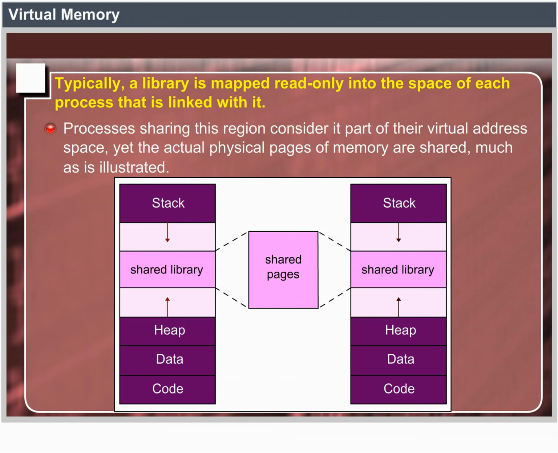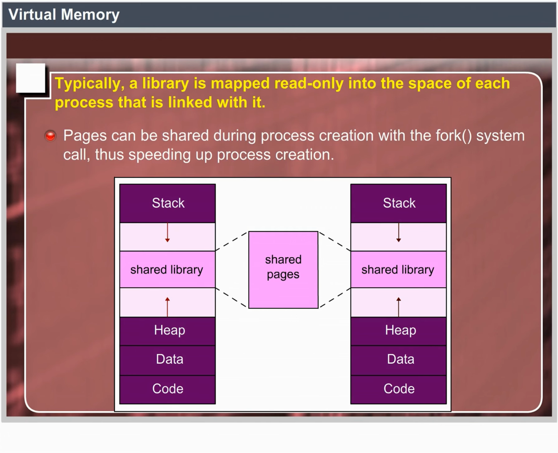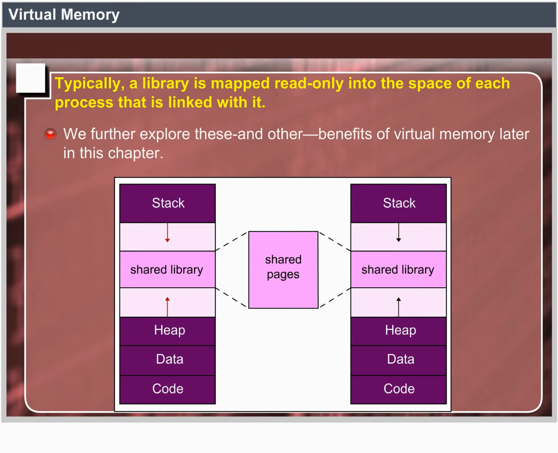Pages can be shared during process creation with the fork system call, thus speeding up process creation. We further explore these and other benefits of virtual memory later in this chapter. First, though, we discuss implementing virtual memory through demand paging.